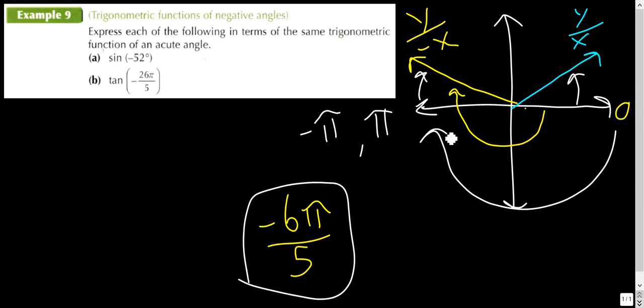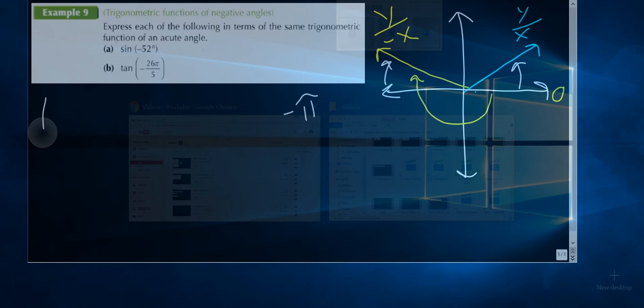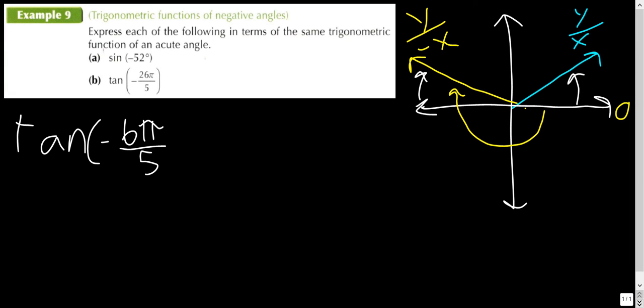So we're going to think of this in terms of negative pi. The tangent of negative 6 pi over 5 is the same thing as the tangent of negative pi minus what angle?